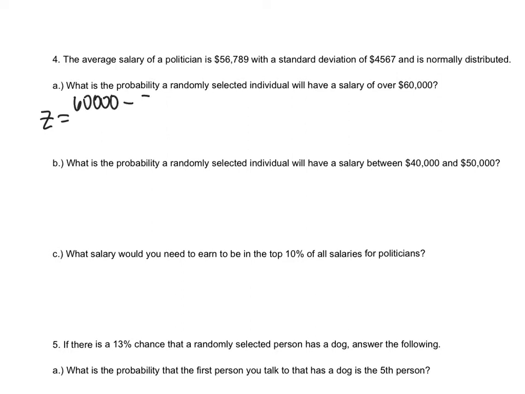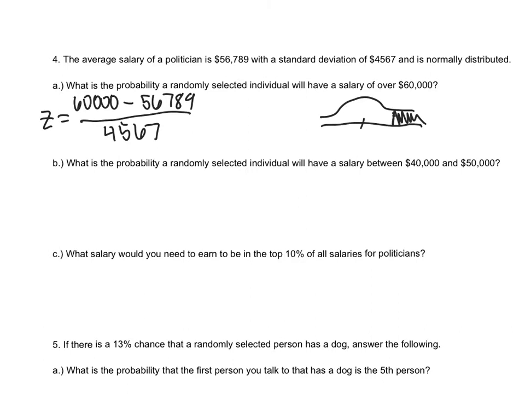minus the value, your normal value, which is 56,789 over 4,567, which is the standard deviation. So we're talking about the average salary of a politician and their standard deviation. It's normally distributed. So if I'm looking at the graph of this, my normal curve, over 60,000 would be the top.